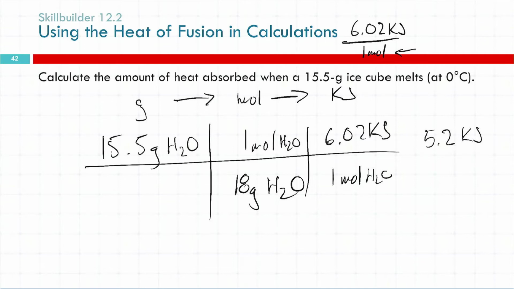So it's 5.2 kilojoules being absorbed, because it's the positive value, being absorbed into the water to melt the ice cube.